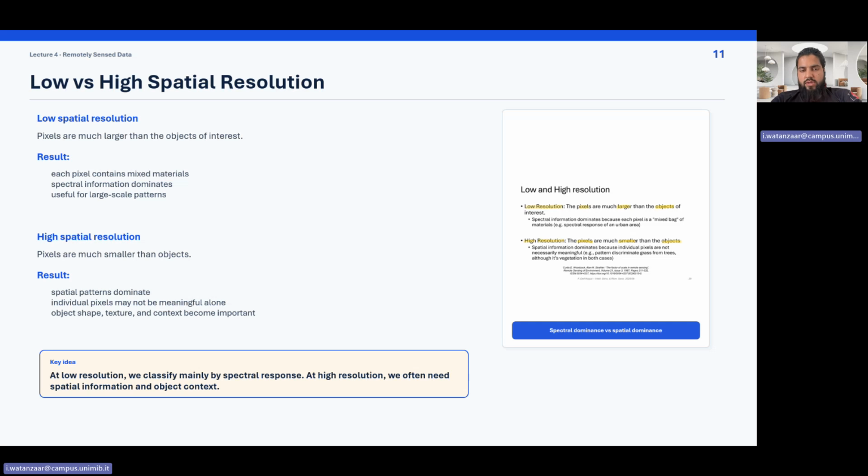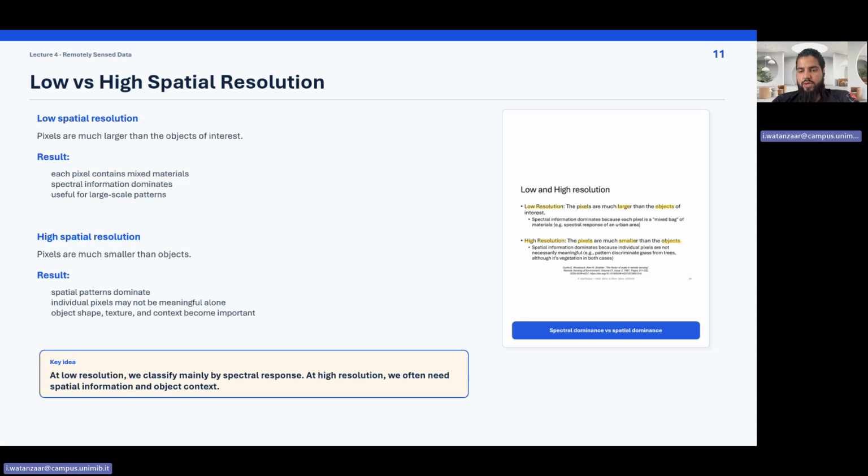The key idea, at the low resolution, we classify mainly by spectral response. I mean, when we are at a low resolution, this is mainly classified by the spectral response. At a high resolution, we often need spatial information in object context. This is how we are differentiating the low resolution and the high resolution.